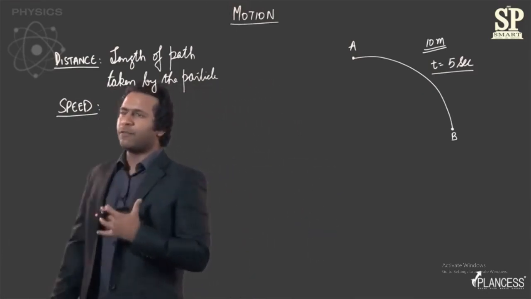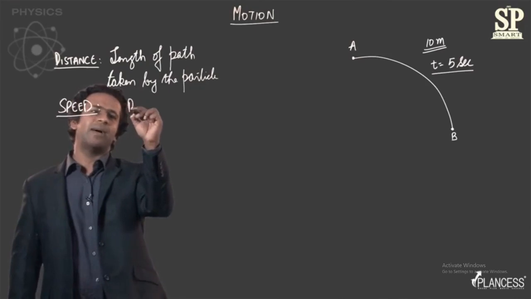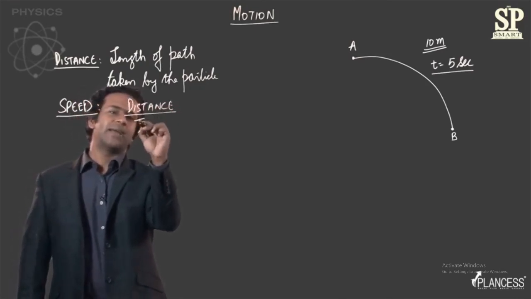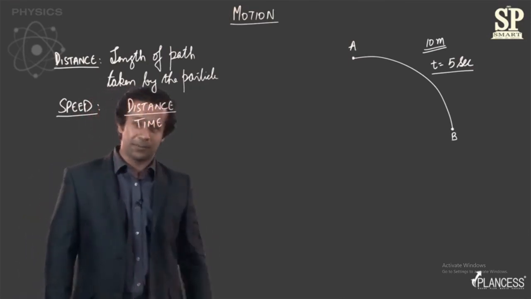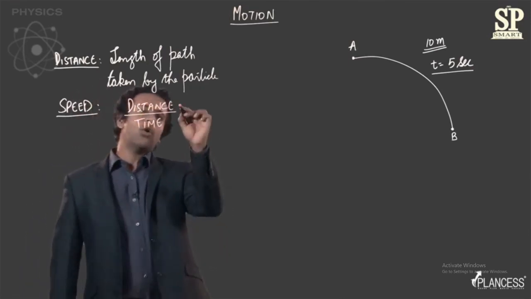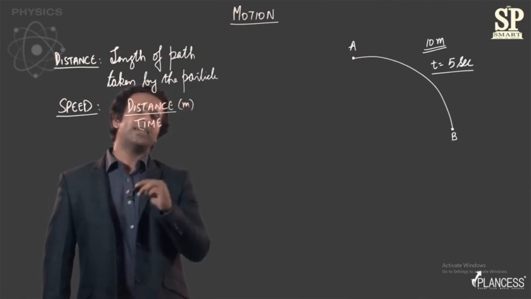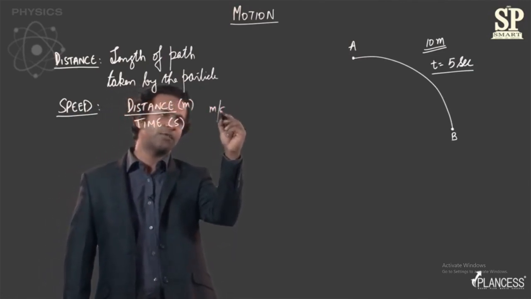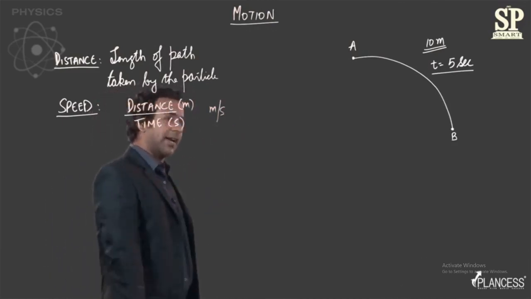Let me first give you the formula. The speed is given by distance divided by the time taken to cover that distance. Distance is measured in meters and time in seconds, so the units for speed would be meter per second.